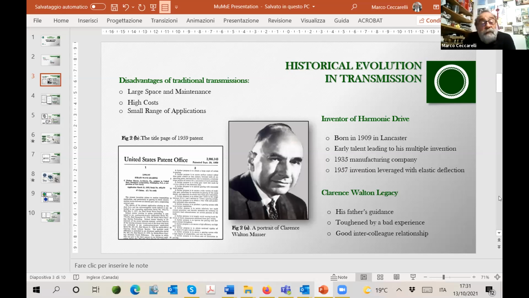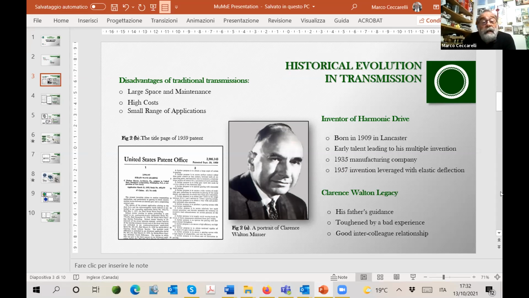This made it possible to develop his idea, but the achievement was not immediately recognized at that time. Indeed, a lot of people expert in gear design did not even understand the concept of the harmonic drive. Here on figure 2 you see the successful patent version for the harmonic drive, submitted in 1959.